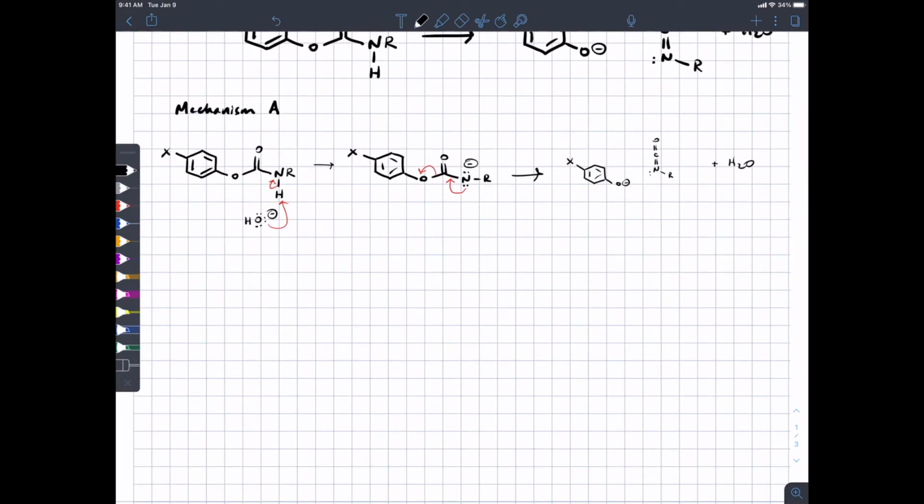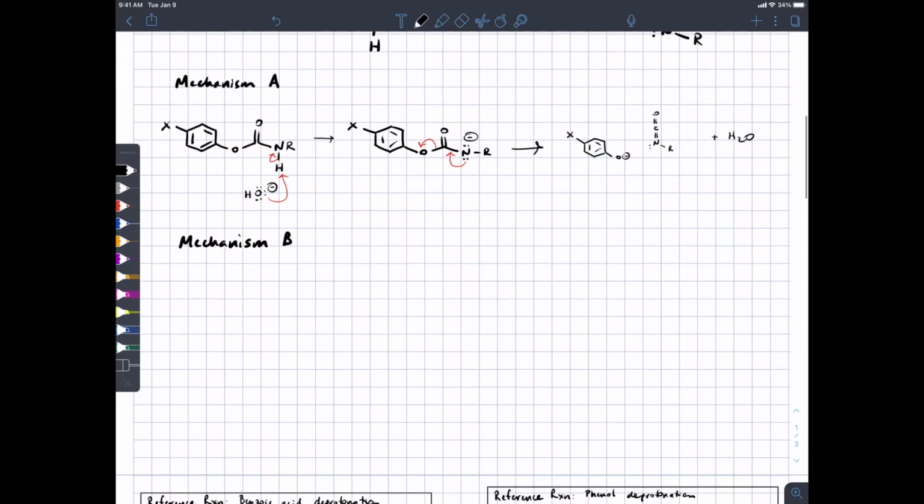Now, there's an alternative that only seems to matter when the carbamate nitrogen has two R groups on it, such that there isn't a proton there to be removed.